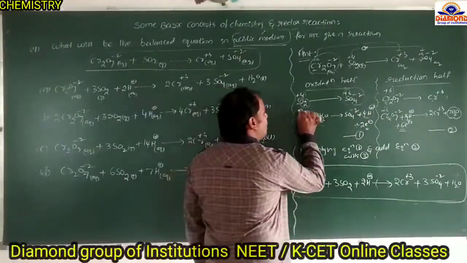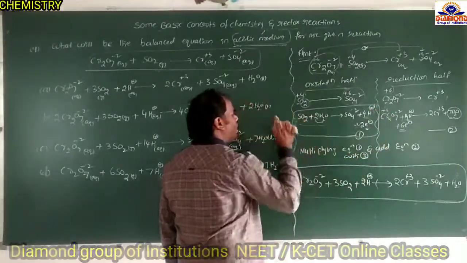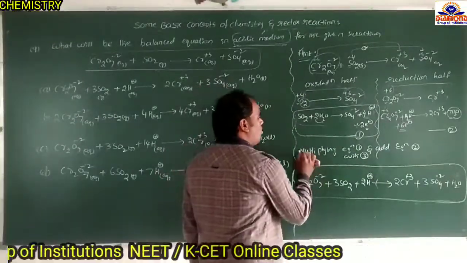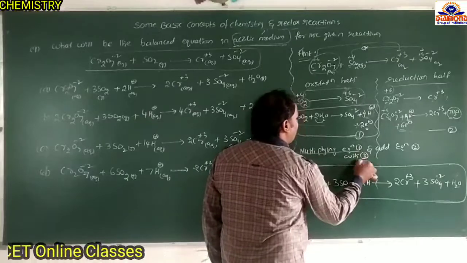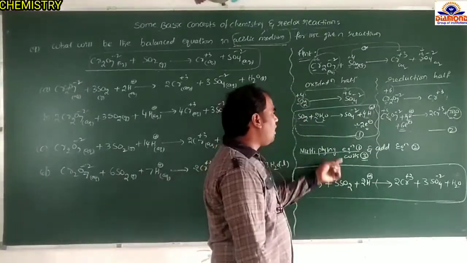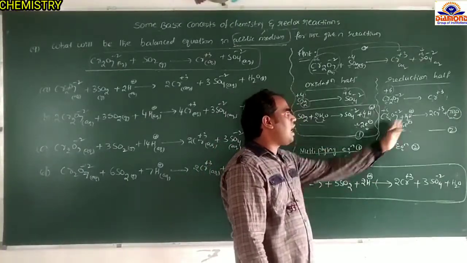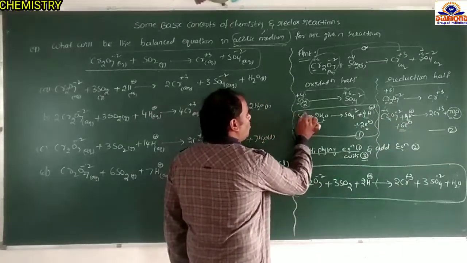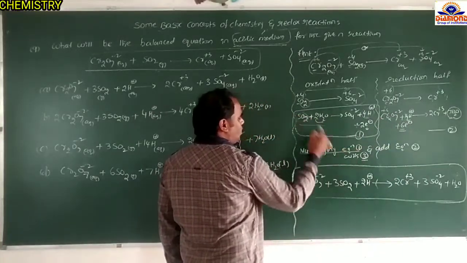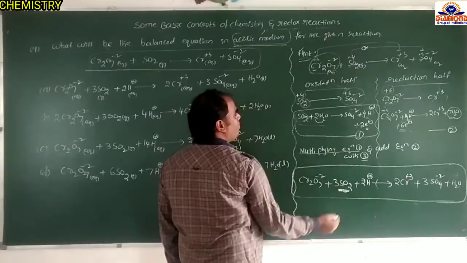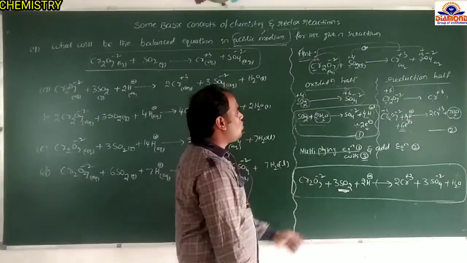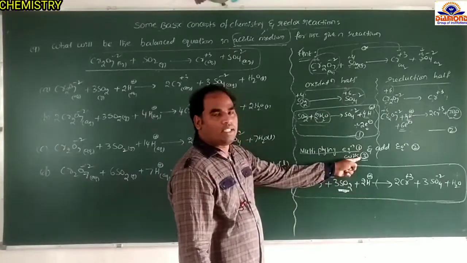So, multiply equation 1 with 3. After multiplying equation 1 with 3, then add equation 2. So, here SO2, multiplied by 3, therefore 3SO2, and here 2H2O. 2H2O into 3 means 6H2O.